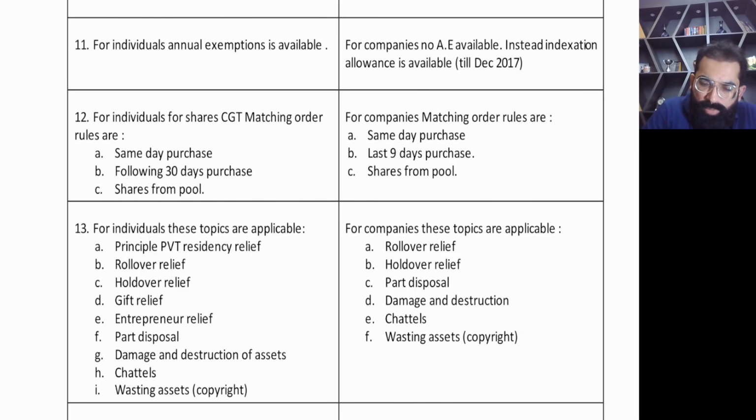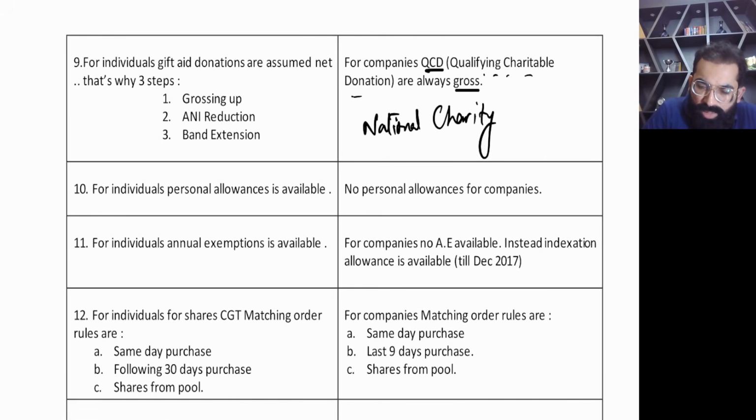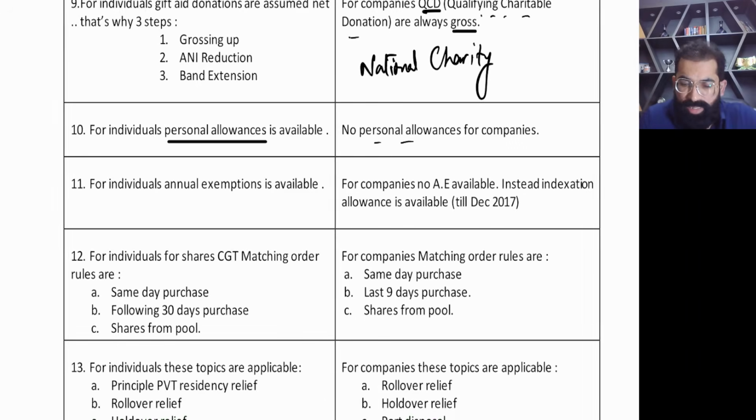Very important. For individuals, personal allowances are available. For companies, no personal allowances are given, be careful, this may come in your theory as well. Then for individuals, the annual exemption is available in individual CGT.